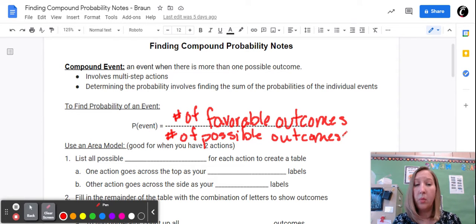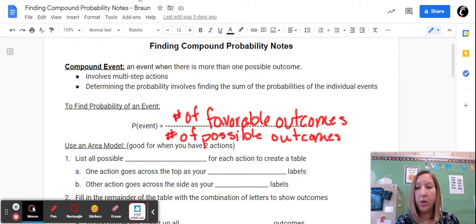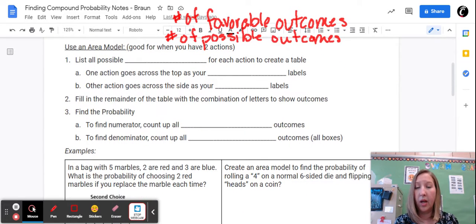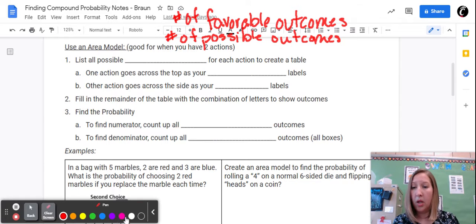Okay. When we are looking at our compound events, one way that we can find compound probability is to use an area model. This way is really good for when you have two different actions that we're looking at. So when we want to use an area model, the first thing we want to do is list all possible outcomes for each action to create a table.